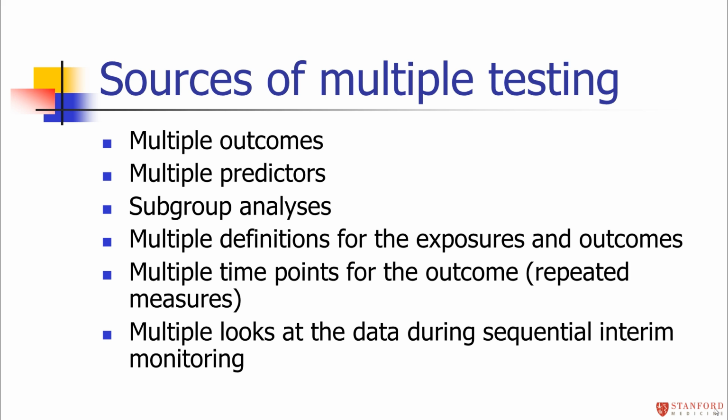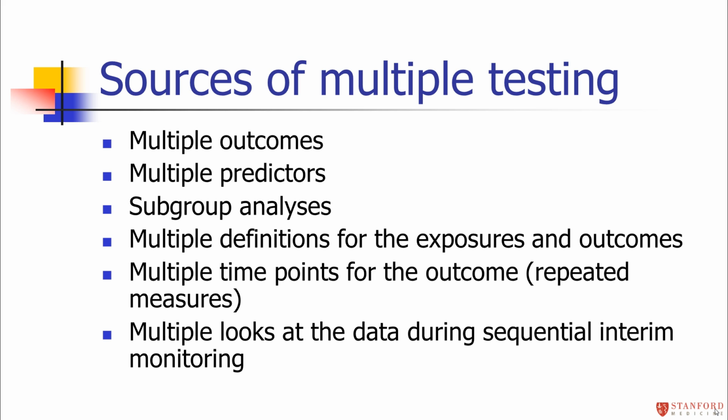And there's lots of ways that we run lots of tests in statistics, right? Let's say we're doing a study where we look at multiple different outcomes, all these different types of cancer. Well, one of those cancers might come up significant just by chance. Or a lot of times we look at multiple different predictors. Or we do subgroup analyses. So it's very typical, for example, in a randomized trial, where you have a drug and it turns out that there's no significant effect overall on survival.